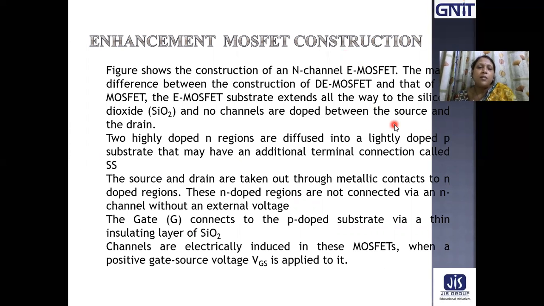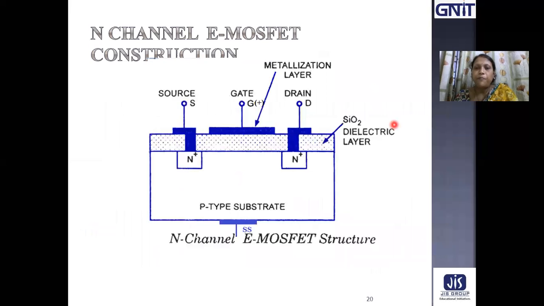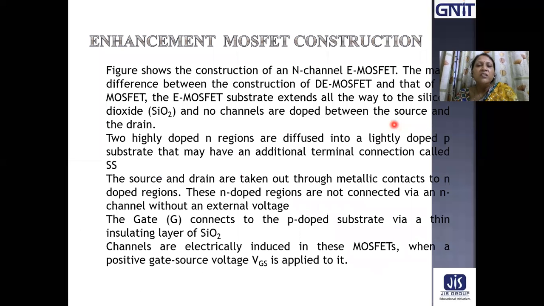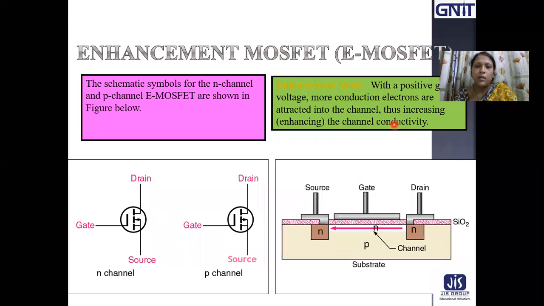The figure shows the construction of the enhancement type MOSFET. The main difference between the construction of DE MOSFET and the E MOSFET is that the E MOSFET substrate extends all the way to the silicon dioxide and no channel is doped between the source and drain.